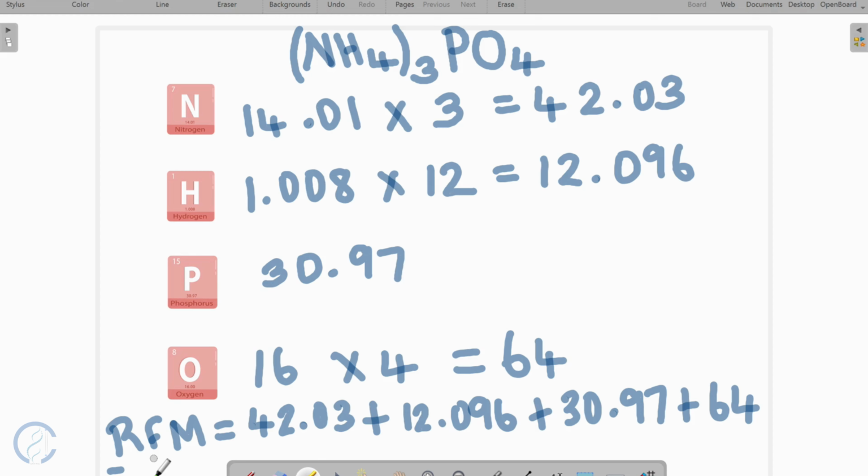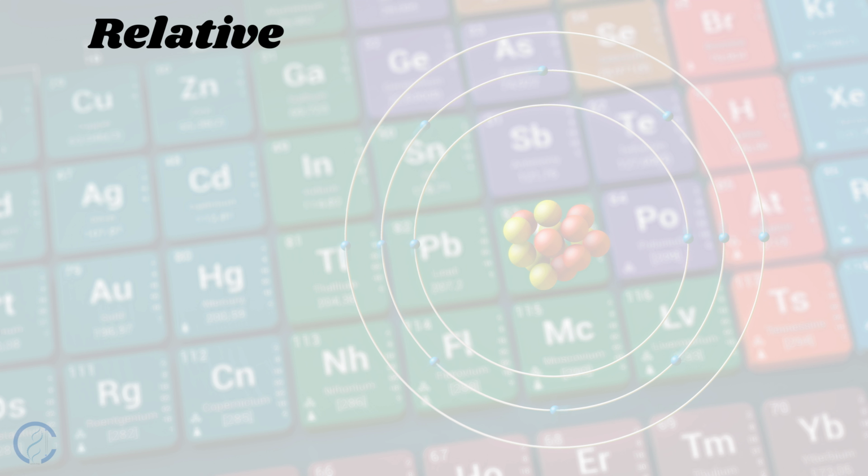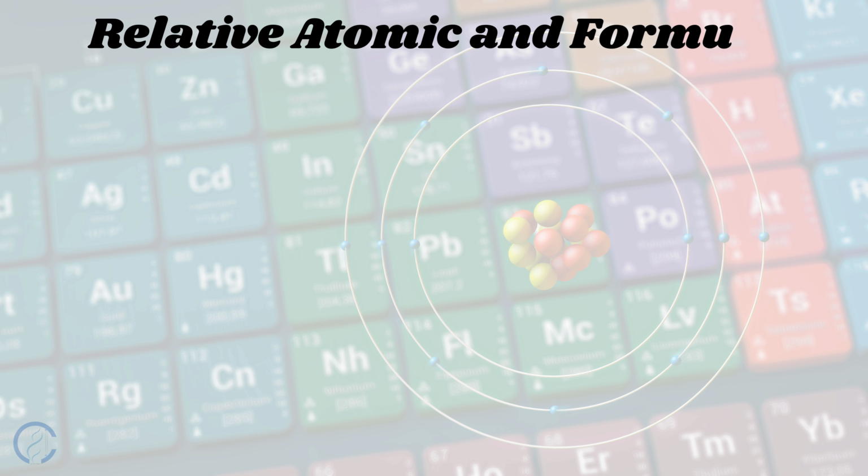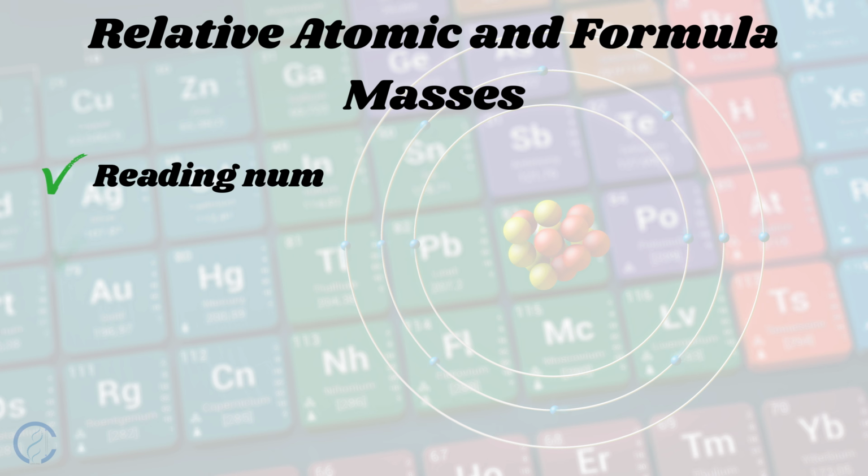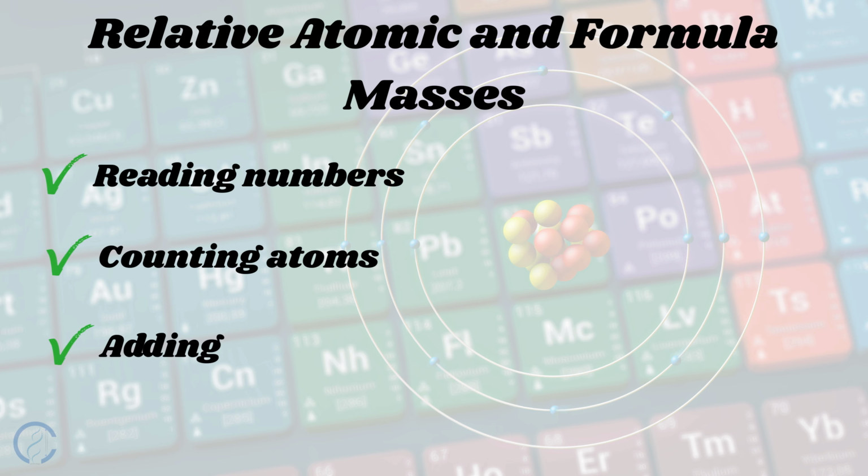That gives a relative formula mass of 140.096. Relative atomic mass and relative formula mass sound complicated, but they're really just reading numbers, counting atoms, and adding carefully. Once you stop overthinking the terminology, it becomes one of the easiest scoring topics in chemistry.